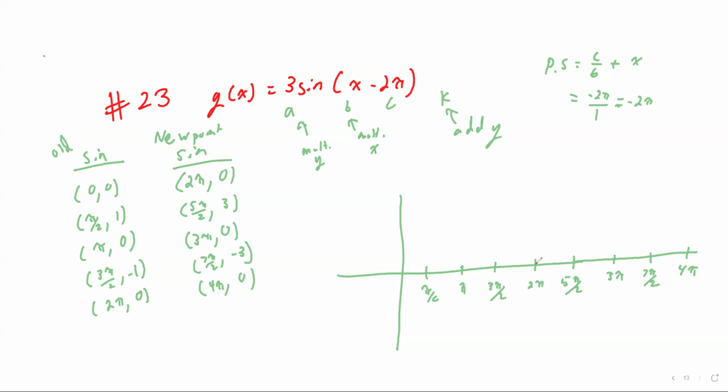So pi, 2 pi, 0, 5 pi, 3, 1, 2, 3. There you go there. 3 pi would be 0, 7 pi would be negative 3. So this would be your new graph, and you would be looking for this graph as your answer choice.